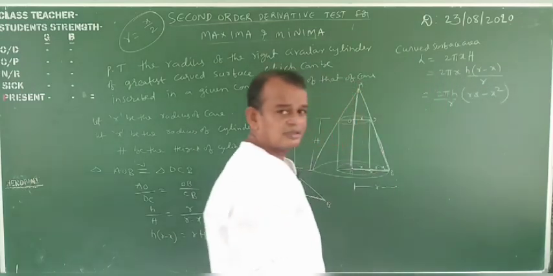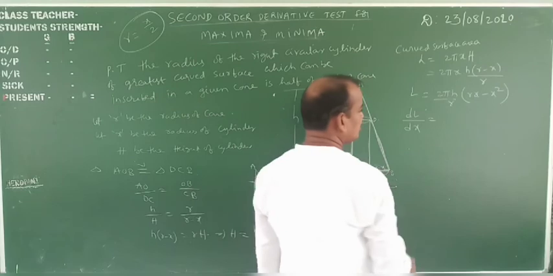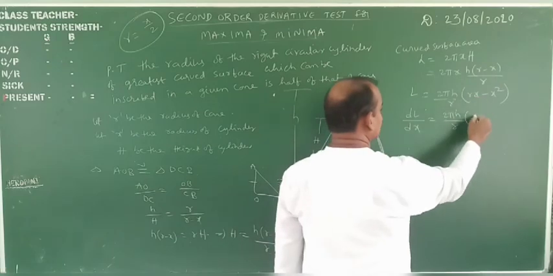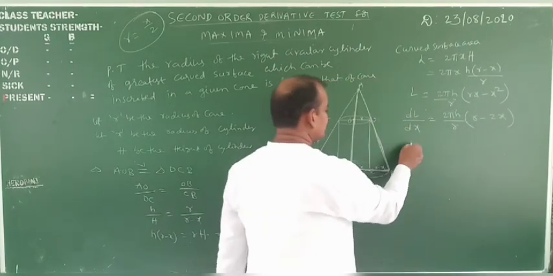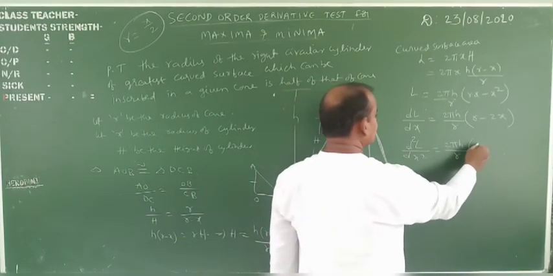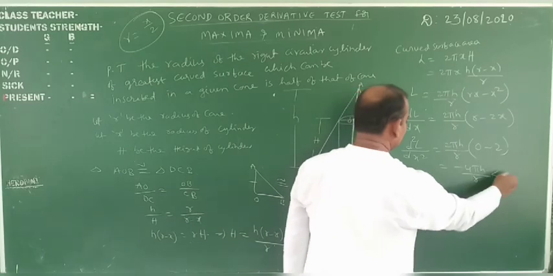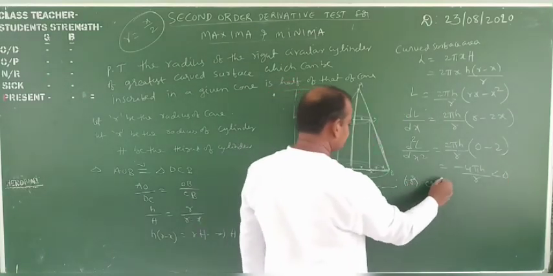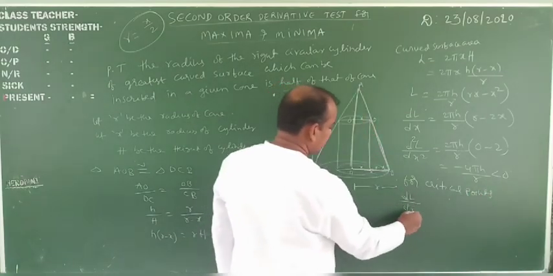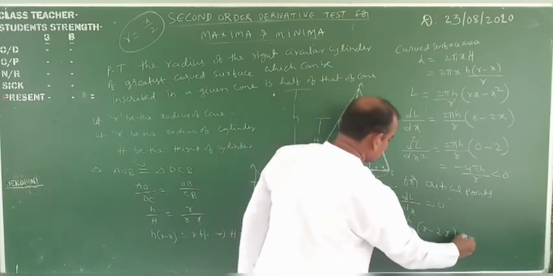Now this is L. dL by dx is the derivative with respect to x: 2 pi H by R, and the derivative of Rx is R minus 2x. d square L by dx square is 2 pi H by R into 0 minus 2, which is minus 4 pi H by R. For critical points, dL by dx is equal to 0, that is 2 pi H by R into R minus 2x is equal to 0.